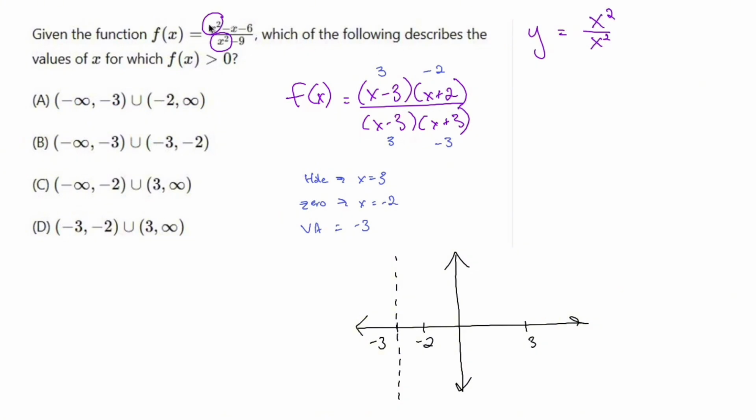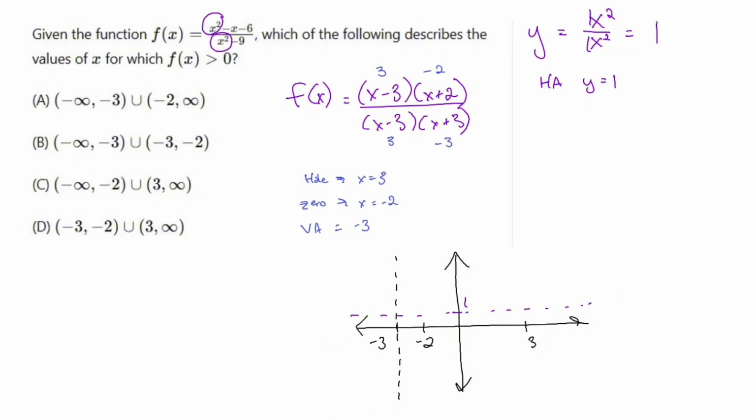You're looking for the leading coefficient divided by the leading coefficient. Each leading coefficient is 1 and 1. So I'm going to have a horizontal asymptote at y equals 1. So if I were to draw this, horizontal asymptote at y equals 1, sorry.